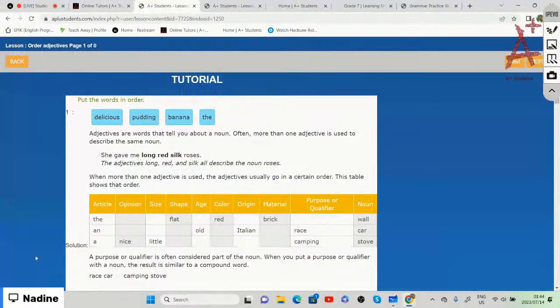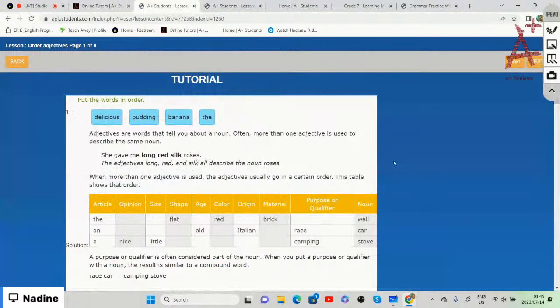And remember, an article is not an adjective. So we first put the article, then either the opinion, the size, the shape, the age, the color, origin, material, the purpose or qualifier, and then we have the noun. So literally between the article and the noun, these are the few things that we need to put in order to describe or modify a noun.